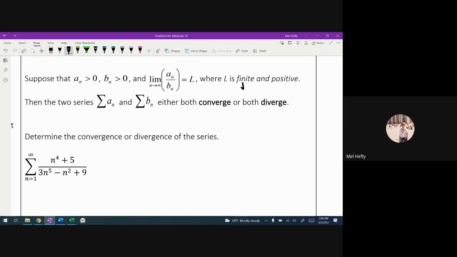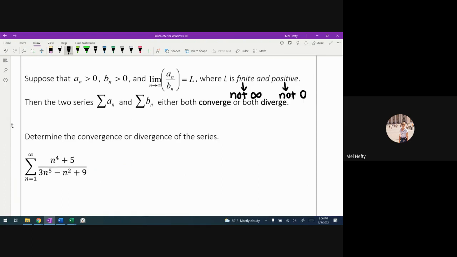Those words have a lot of meanings, but there are some very specific meanings to these two. What does the word finite mean to you? Not infinity. Okay, so we should be getting a number. Now, positive is a weird way to phrase this because we're already guaranteed that our terms are positive here. So we're not going to get a negative number. What positive should really mean to you is that we're not getting 0.